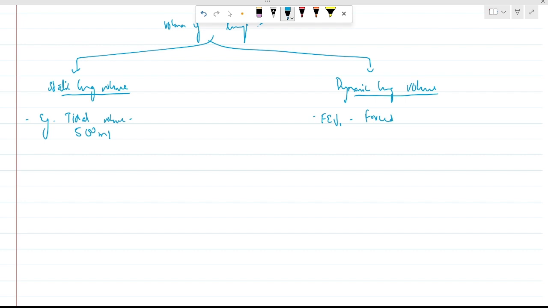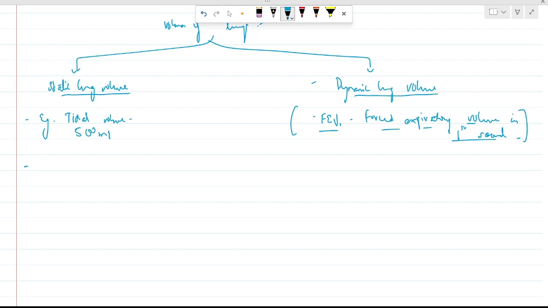Forced expiratory volume, and 1 stands for in first second. Forced expiratory volume in first second, FEV1, okay. This is a dynamic lung volume example. We'll see in detail what is the deal with FEV1. For now we'll see only the examples.